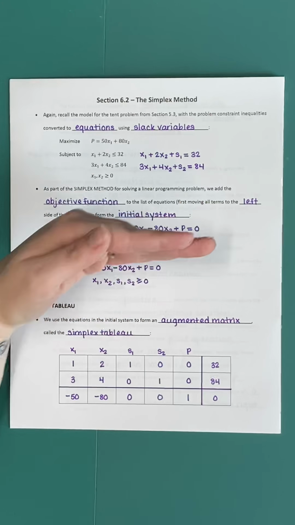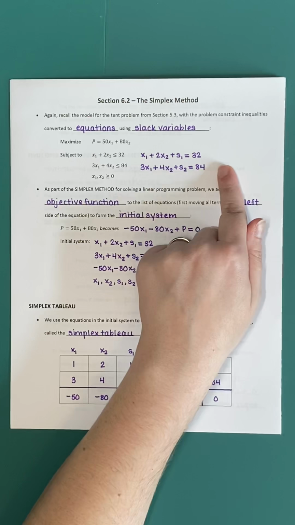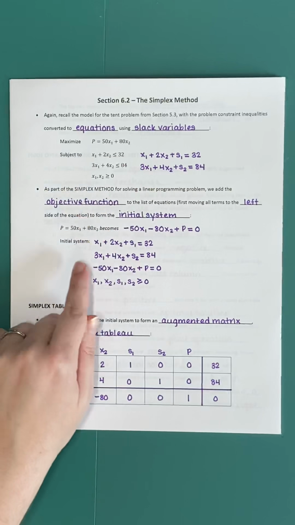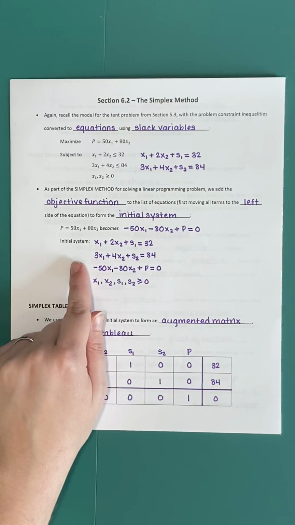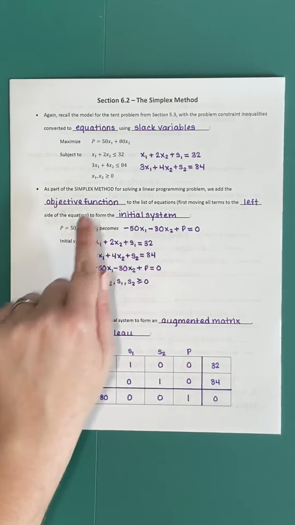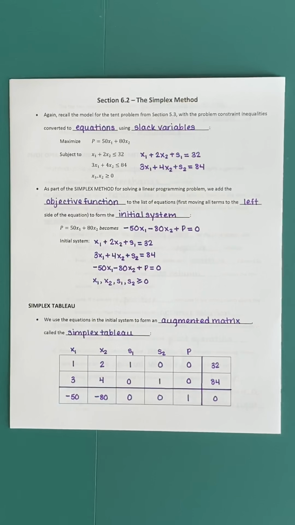We're going to add that at the very bottom of the E system. We're always going to list that last. So problem constraint 1, problem constraint 2, and now add to the bottom of that this version of our objective function. This is what we call the initial system for performing the simplex method to solve the linear programming problem.